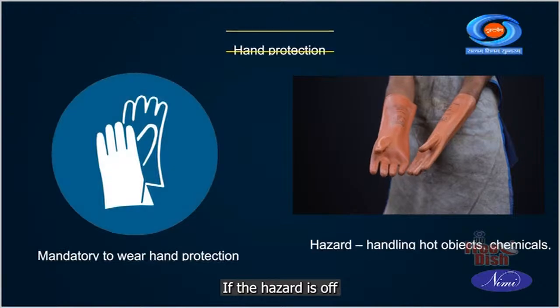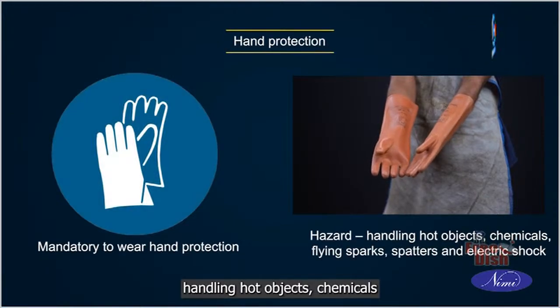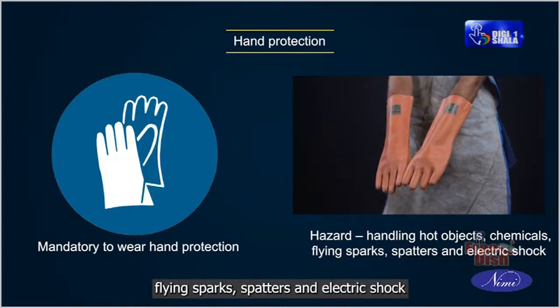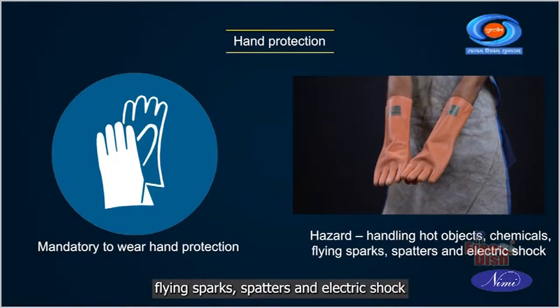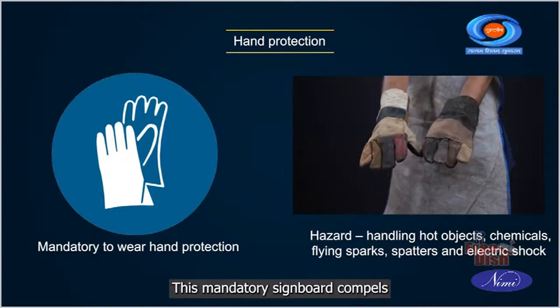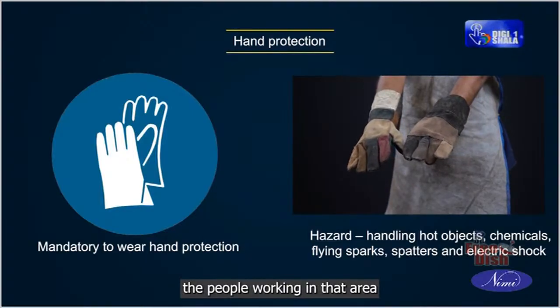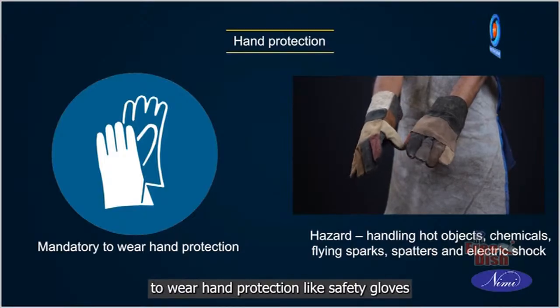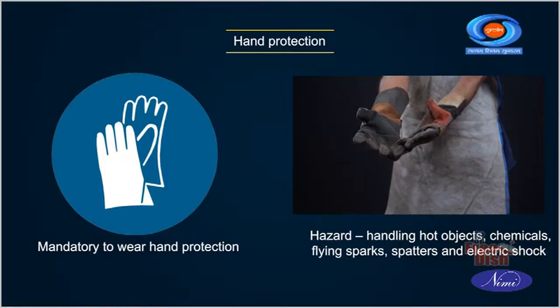If the hazard is of handling hot objects, chemicals, flying sparks, spatters and electric shock, this mandatory signboard compels the people working in that area to wear hand protection like safety gloves.